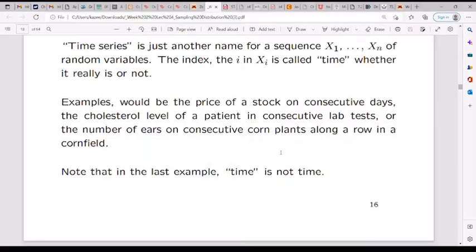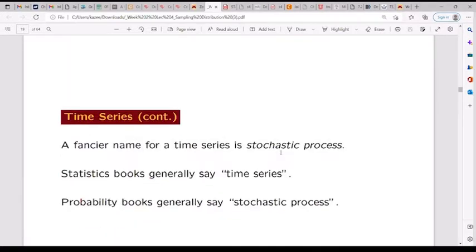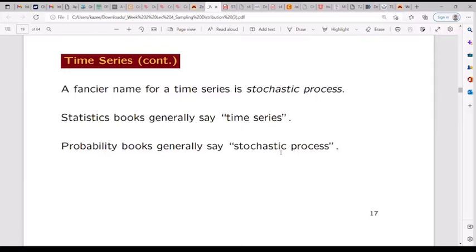Different textbooks, like statistics textbooks, refer to it as time series, but probability textbooks refer to it as a stochastic process. I used to tell you that we live in a stochastic world, we live in a probability space, and that is the reason why we have a lot of variations in this world.